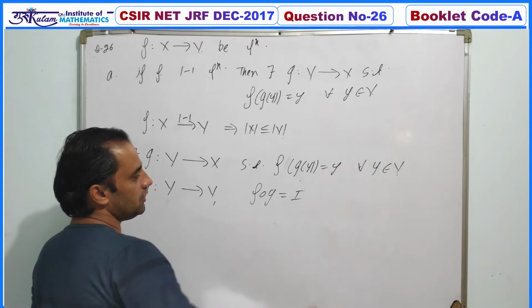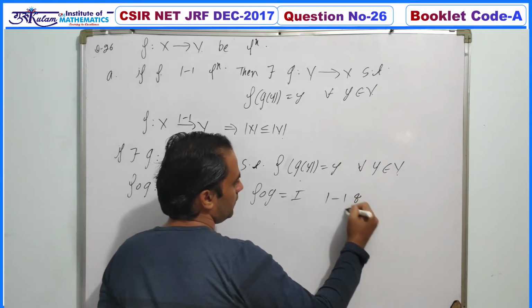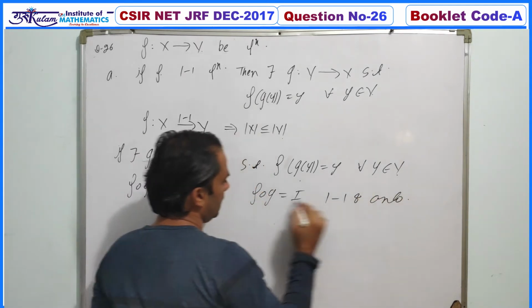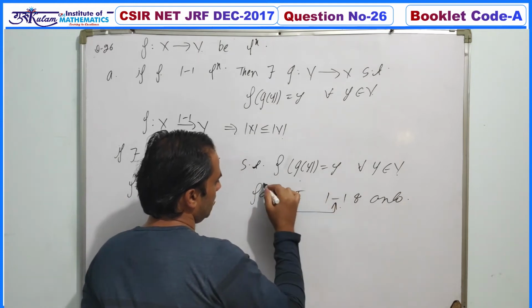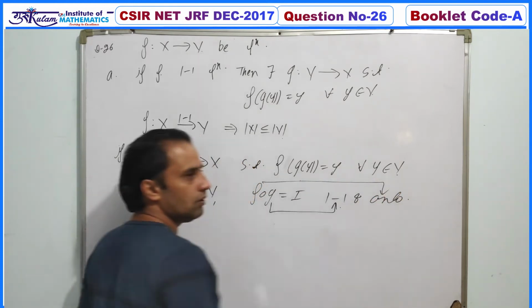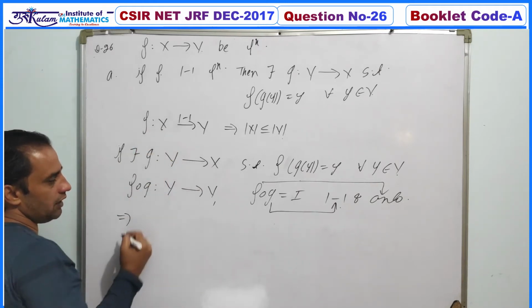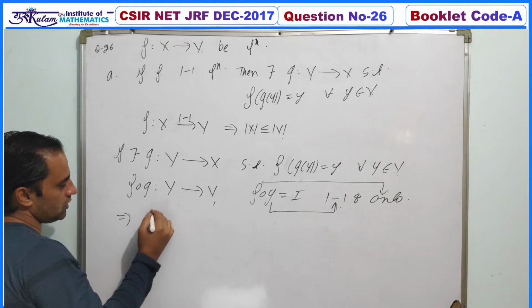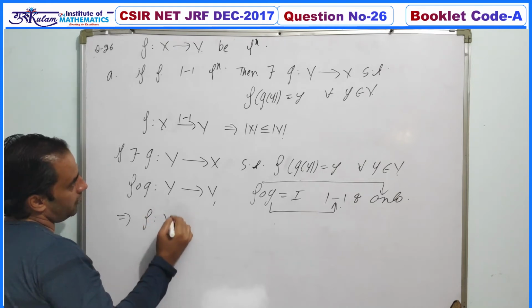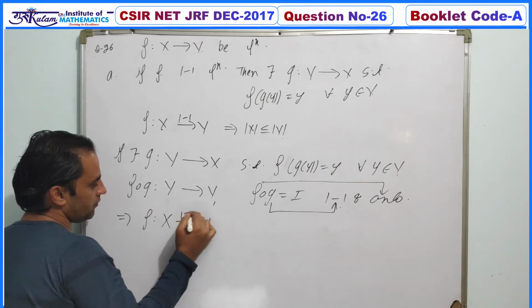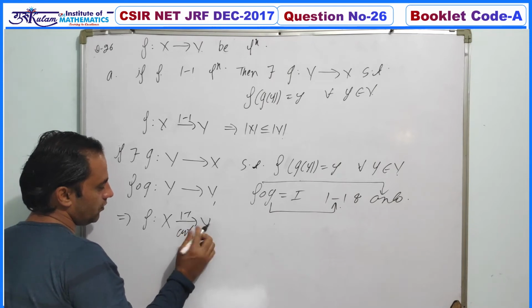And an identity function is one-one and onto, which implies g must be one-one and f must be onto. So f is already one-one and also onto, which implies f from X to Y is one-one and onto.